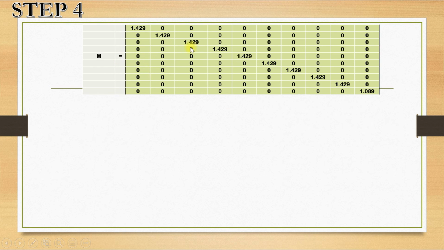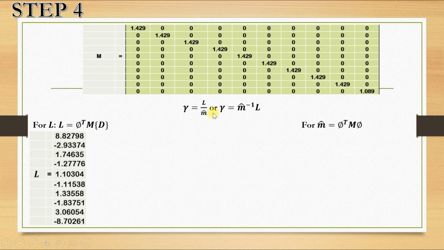So sa mass naman, ito yung kanina, yung sa unang-una sa step 1 na given. So 10 by 10 matrix. So si mass 1 ng first floor, hanggang si mass 10 ng 10th floor. So makukuha na natin ngayon itong formula na ito kung ipa-plug in natin yung value ng L, which is ito.